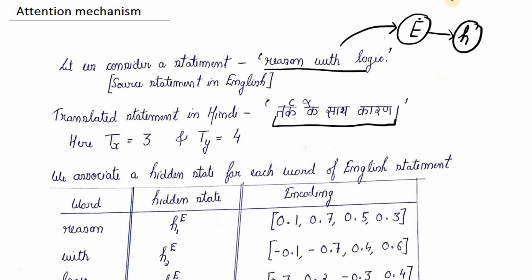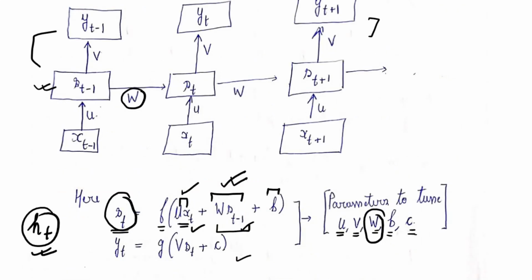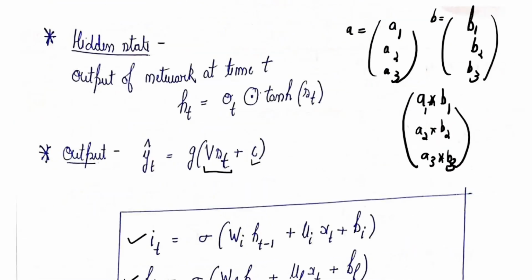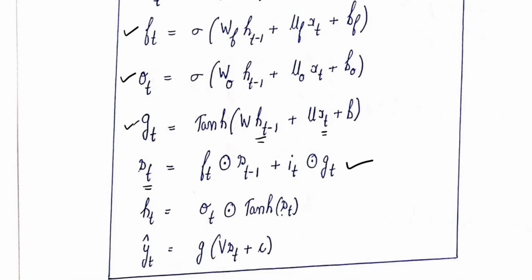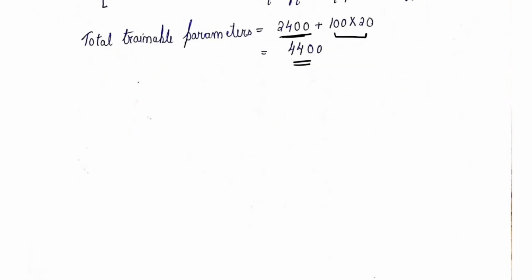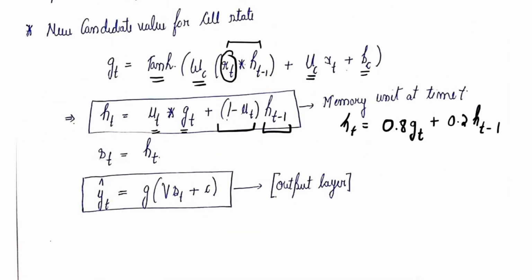If you see the architecture of a vanilla RNN, a hidden layer is created over here. Now if I see the architecture of an LSTM, going through the past videos, there is a hidden layer created over here as well, in the form of the cell state, as well as in the GRU, which we discussed last time. There was a hidden layer as well.